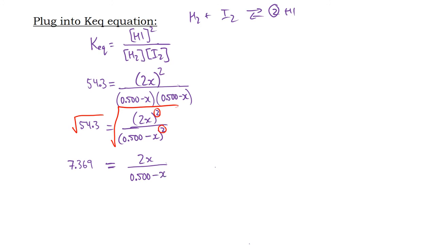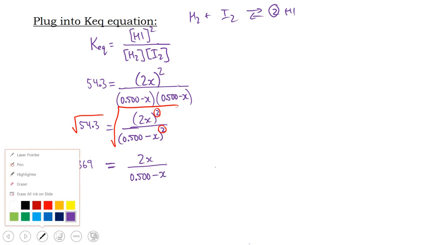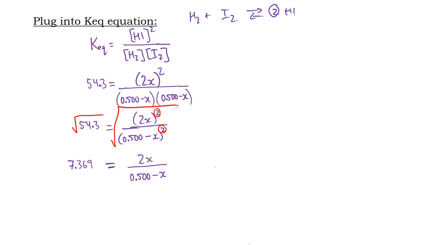Okay, next up, we're going to multiply. You've got some options, but my advice would be to multiply by that expression on the bottom, because then you can just get rid of it there on the right-hand side. Now, on the left-hand side, just be really careful when you're multiplying into that binomial that you distribute it.